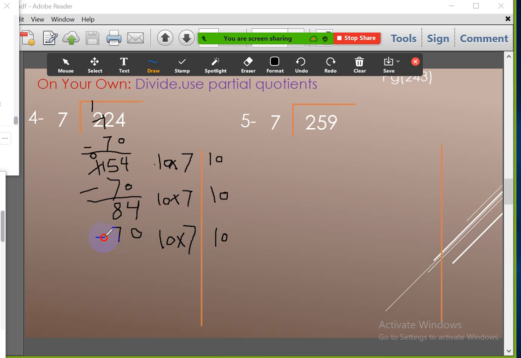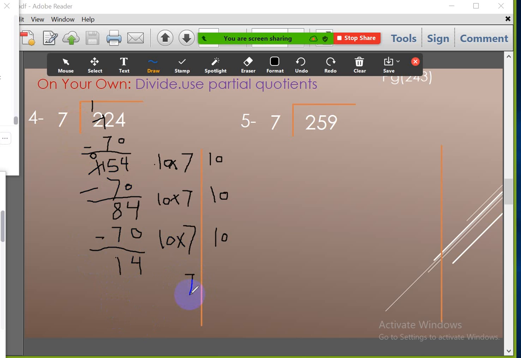Now, subtract, Bisan. 4 minus 0 equals 4. 8 minus 7 equals 1. Very good. Now, 14, can I divide it by 7? Yes. So I will take the divisor.